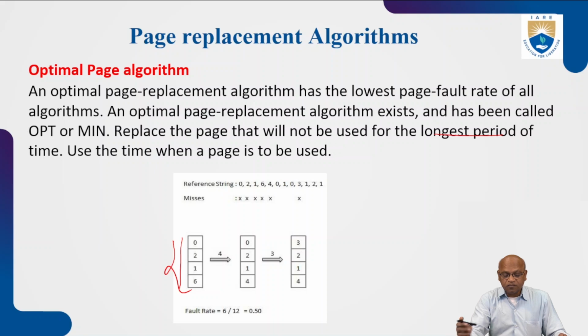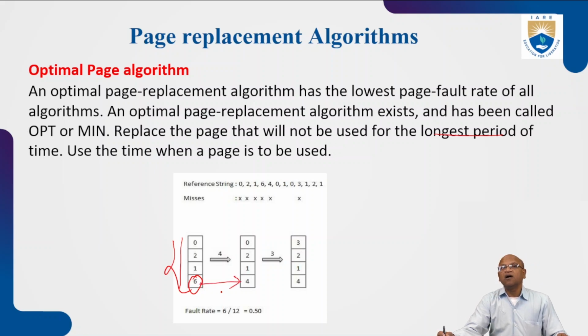Now 6 has come recently, so we assume that 6 will not be used for a long duration. So 6 is replaced with 4.